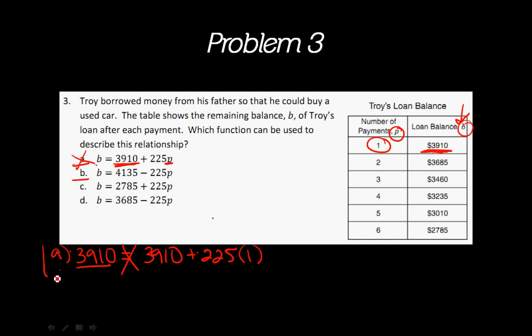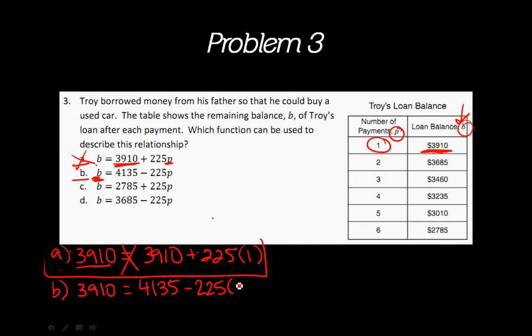Okay, let's try B now. So we have the balance, which is 3910 again, equals 4135 minus 225 times 1. So I just substituted in for P. And 4135 minus 225 does give you 3910. So you end up getting the same thing on both sides of the equation, which means that works.